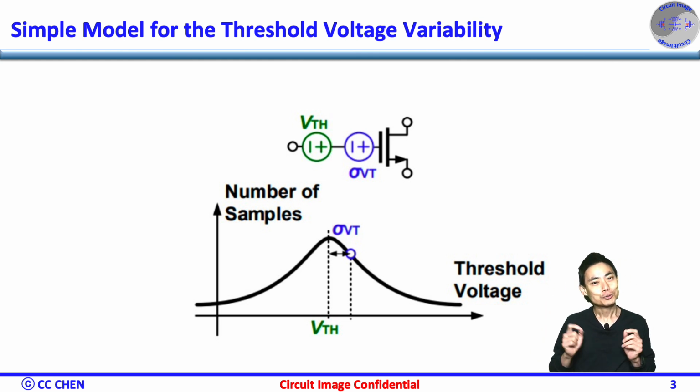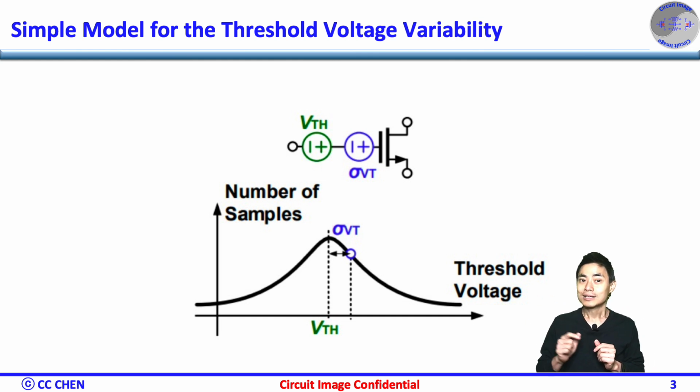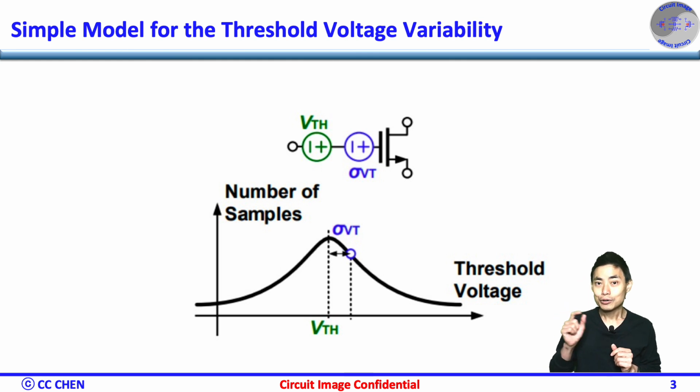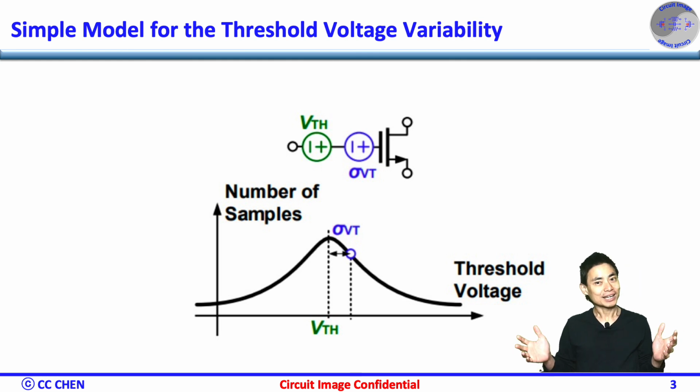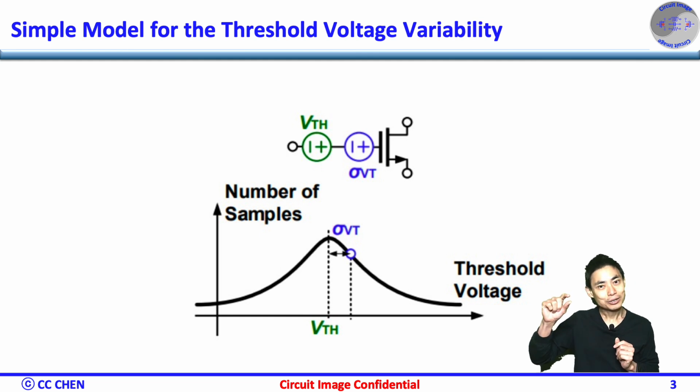First, we should model the threshold voltage variability of a transistor by a voltage source with variable RMS value sigma Vt in series with the gate of the transistor. Second, the AVT should be found in each technology, which again depends on the transistor oxide thickness: AVT equals 1 millivolt-micrometer times T oxide in nanometer.